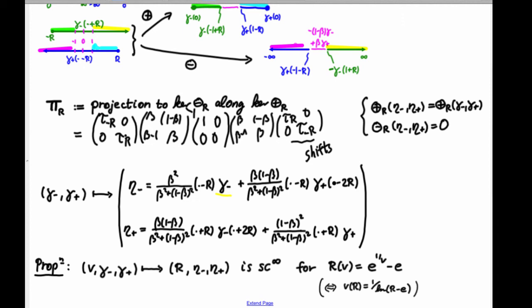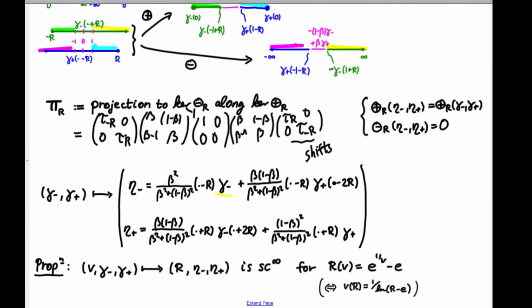Let's see. Beta is 0 when this becomes bigger than 0. No, beta is 1, right, as long as this is less or equal to 0. So this is 1 up to about R. So we keep track of more and more of gamma minus as you let R go to infinity.